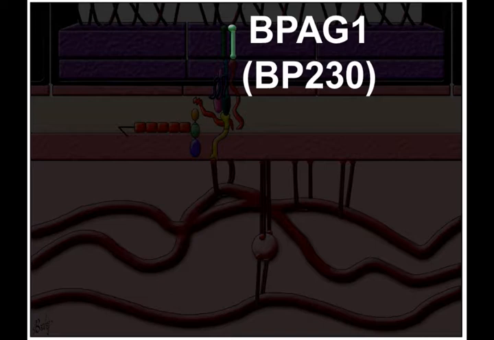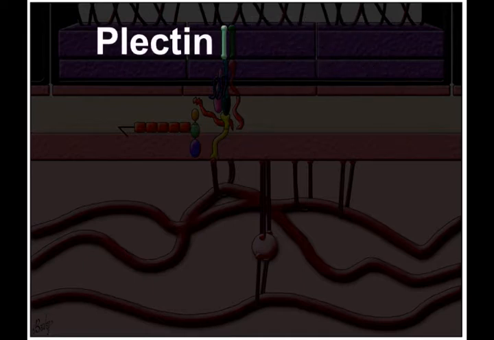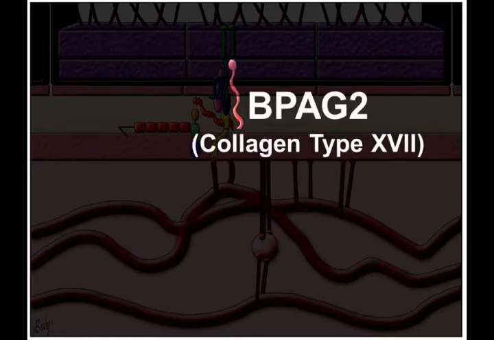Bullous pemphigoid antigen 1 is an intracellular component. That's the BP230 antigen. Plectin is located in a similar location. BP antigen 2 is the key antigen in pemphigoid and is actually a transmembrane antigen located both within the cell and within the lamina lucida.